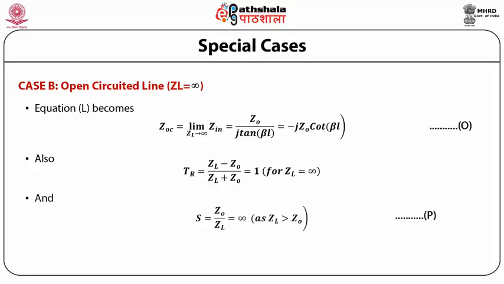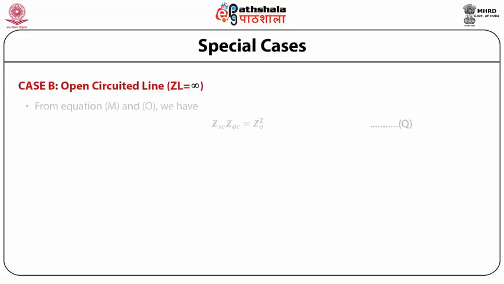So S equal to infinity, as ZL is much greater than Z0. So, from equations M and O, we have ZSC multiplied by ZOC equal to Z0 square.